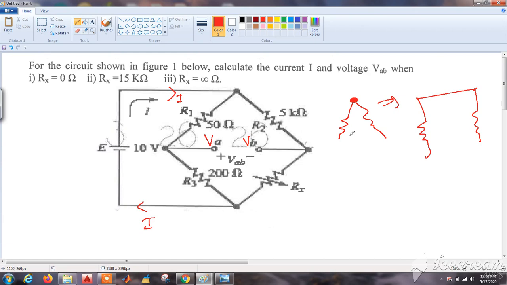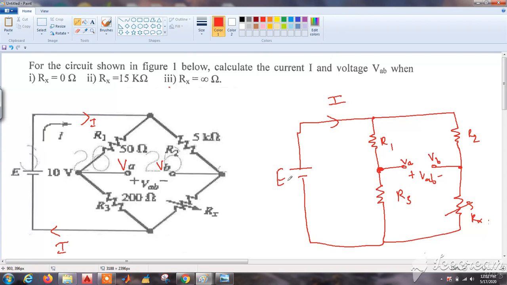So let us draw our circuit like this. Please remember, these are both the same circuit, only the point has been expanded into a wire. It makes no difference at all.